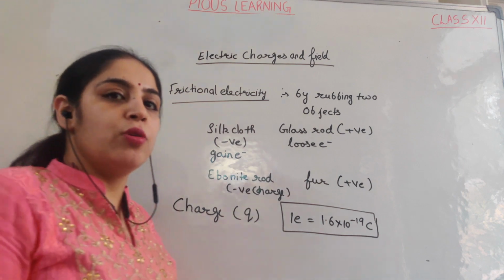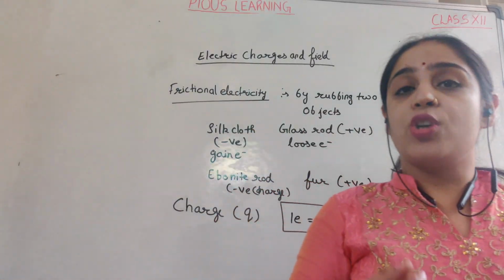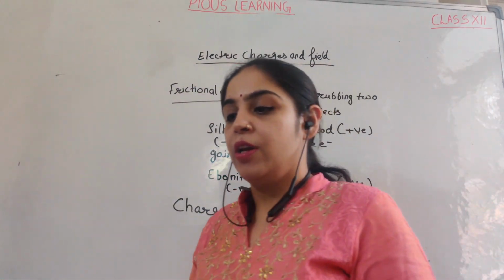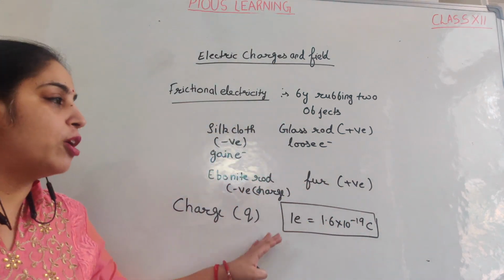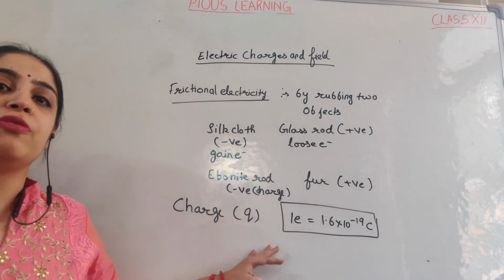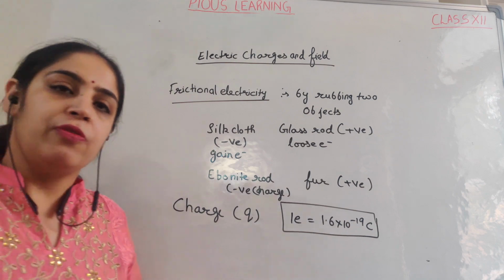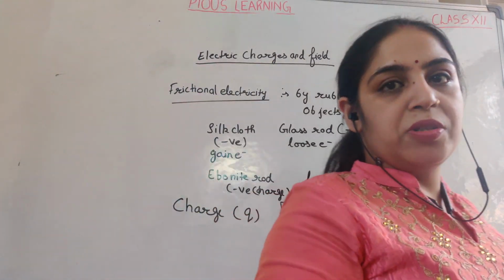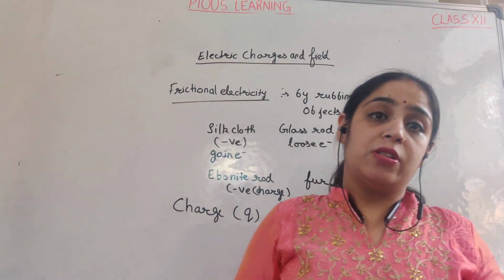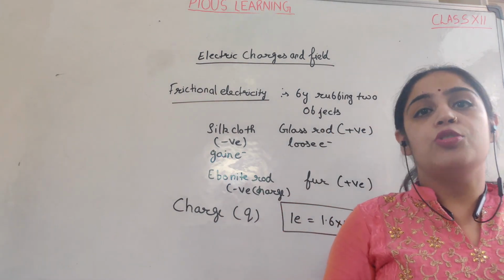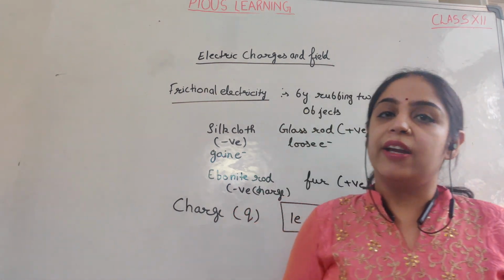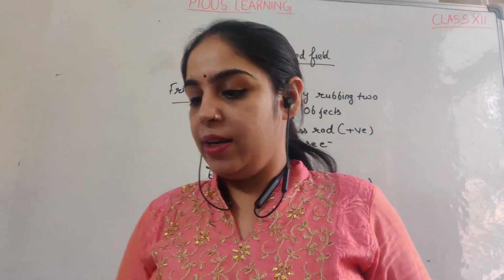Coulomb is the SI unit of charge. Now, charge on any body can be determined in terms of the number of electrons transferred from one body to another. The charges are of two types, positive and negative. For positive charge, a substance should lose electrons, and for negative charge, a substance should gain electrons.